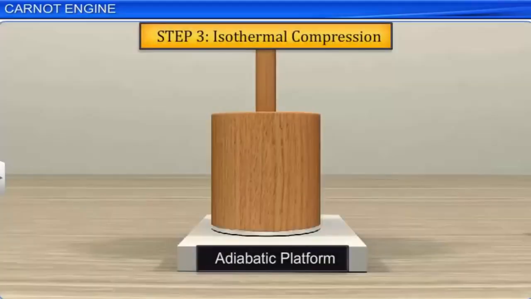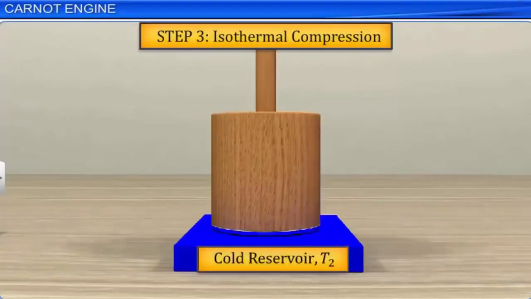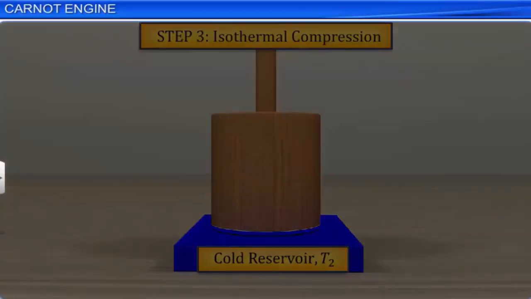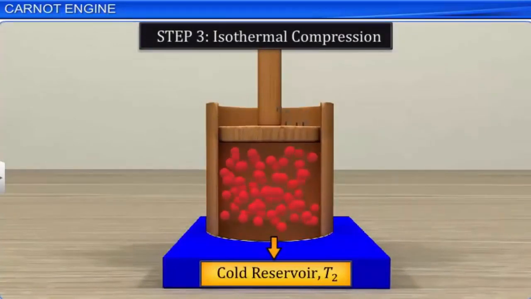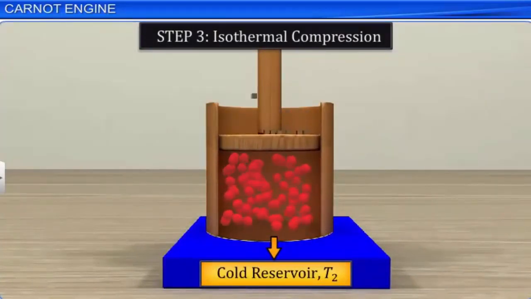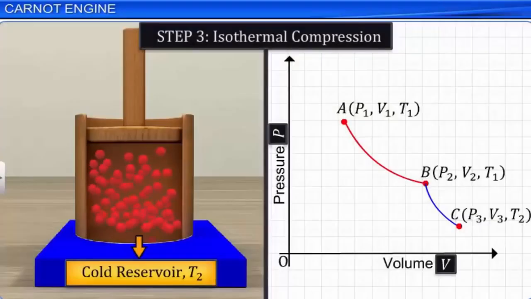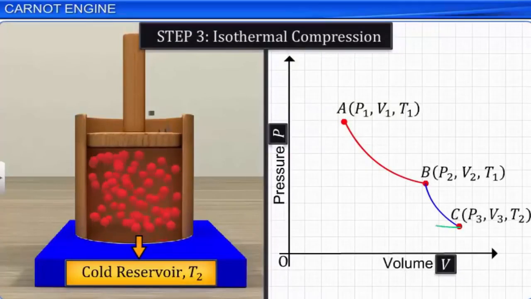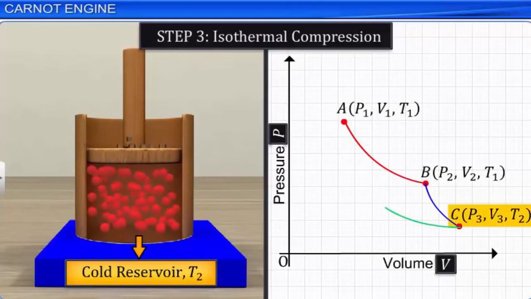In the next step, let us place the container on a cold reservoir, which is at temperature T2. By placing back some of the tiny weights on the piston, allow the gas to compress isothermally. In this process, the system releases heat to the cold reservoir. Assume that during the process, the state of the system is taken from C, P3 V3 T2, to D, P4 V4 T2.